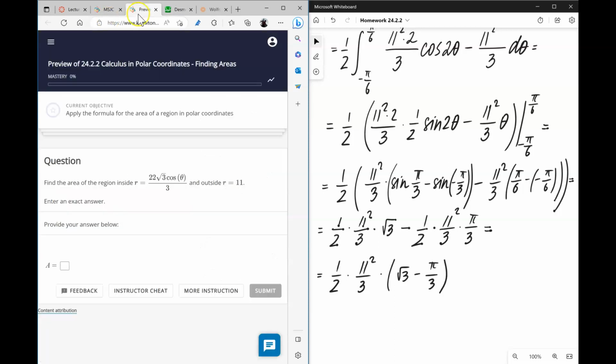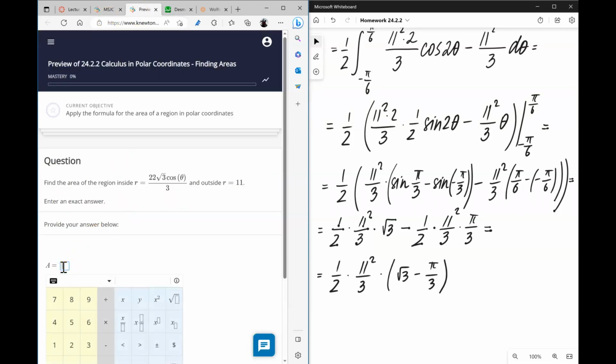So I feel more comfortable now entering this expression. So we have 121 over 6, and here we have square root of 3 minus pi over 3.